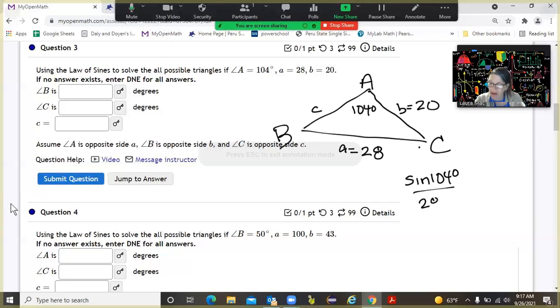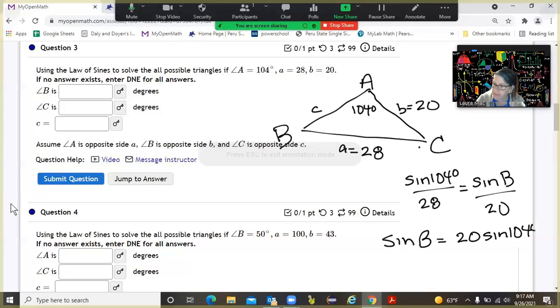You need the pairs, right? So this is what we have when we cross multiply and solve for the sine B. It's going to look like this. All right, so the way to find this is in your calculator, you're going to have that B is sine inverse of all of that.